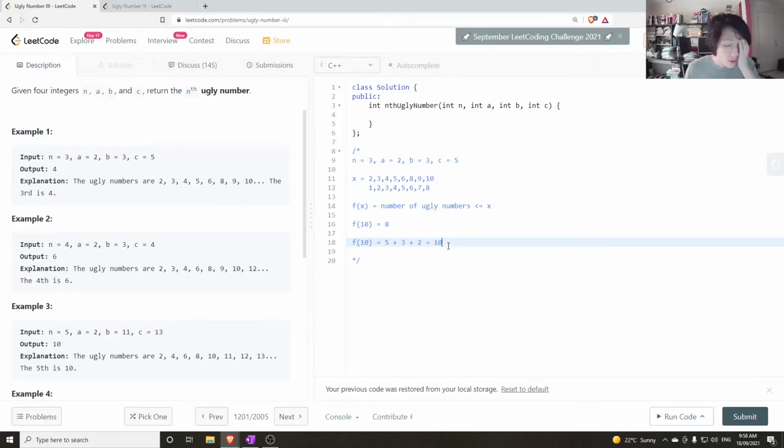Now that's equal to 10, which is wrong. Why is it wrong? So we counted 2, 4, 6, 8, and 10 for the 2's. That's where all the 5 numbers come from. And for the 3, we are counting 3, 6, 9.